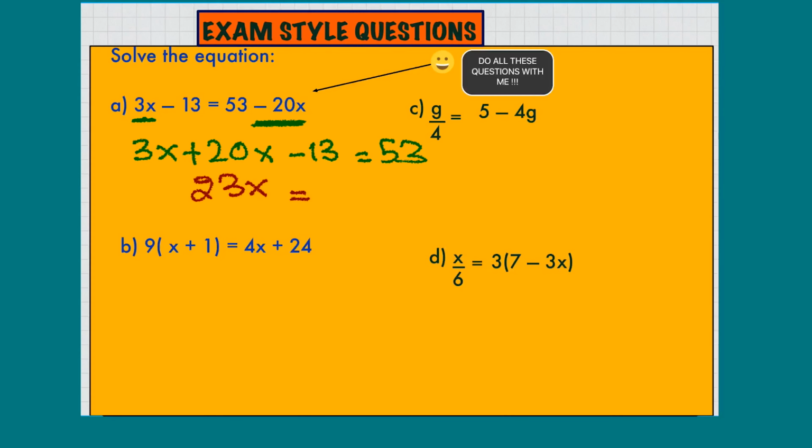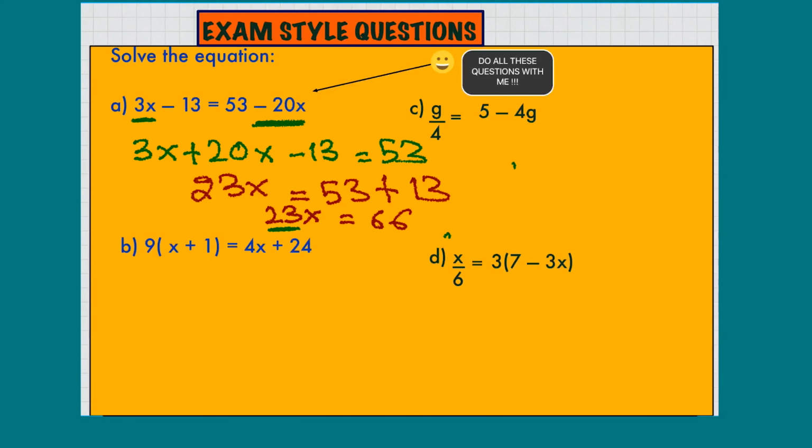53 plus 13. 53 plus 13 gives 66. So now 23x, I need to divide 66 by 23. x equals 2.86.